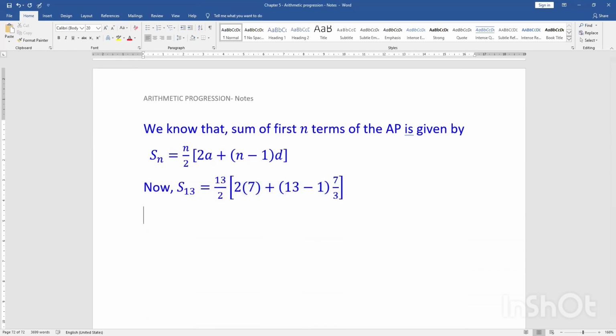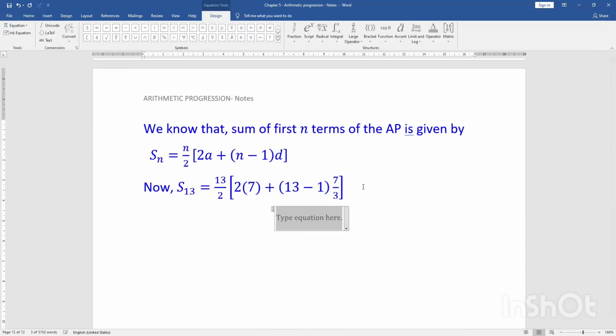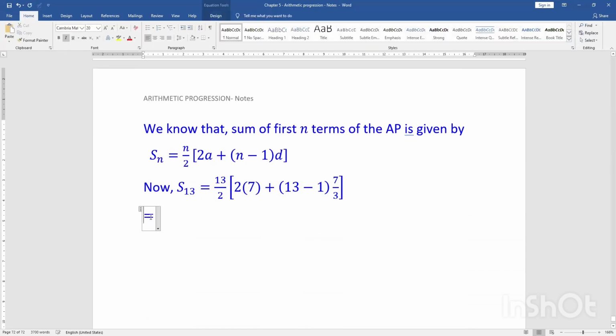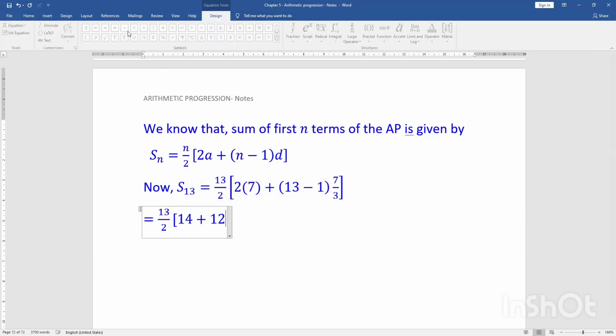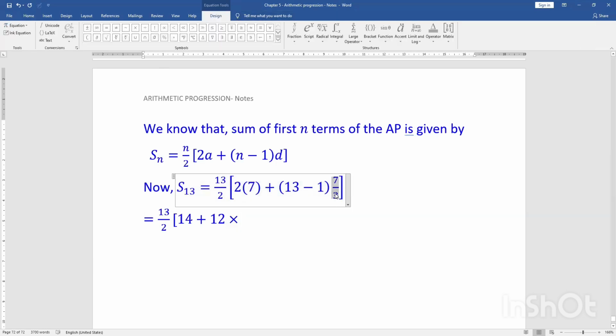In my next step, it's equal to 13 by 2 into, bracket open, 2 sevens is how much? 14 plus 12 into 7 by 3.